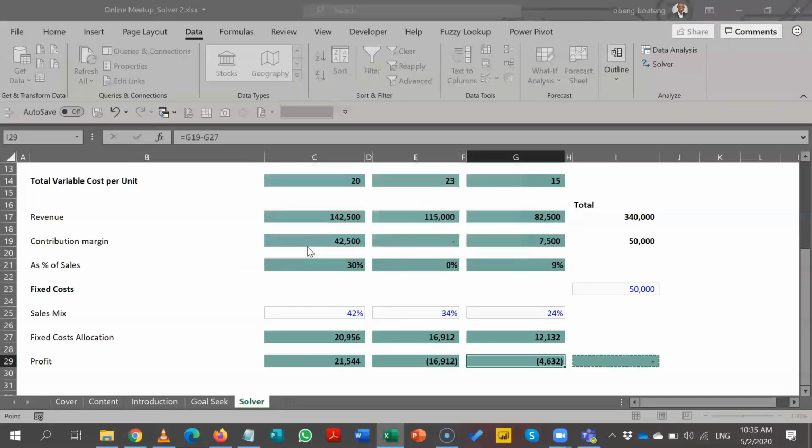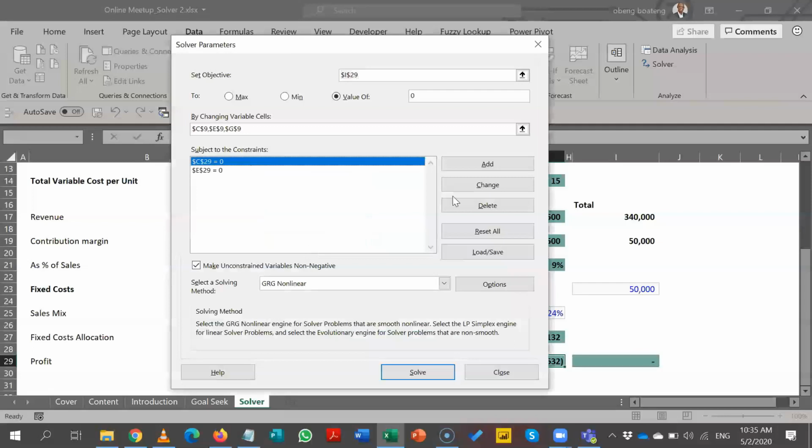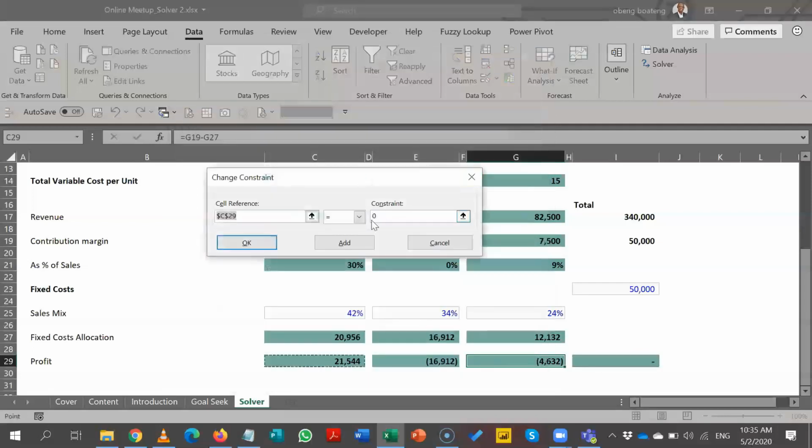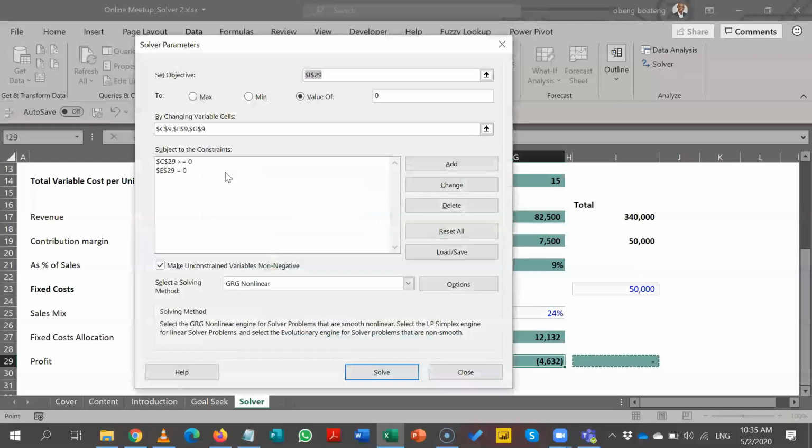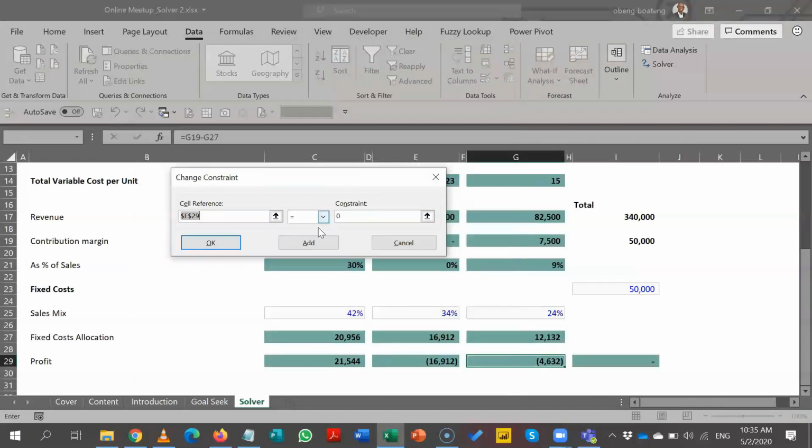So let me click OK and then go and edit this. So greater than or equal to 0. And then this one, greater than or equal to 0. Add. And then the last one is that this one is greater than or equal to 0. Okay.